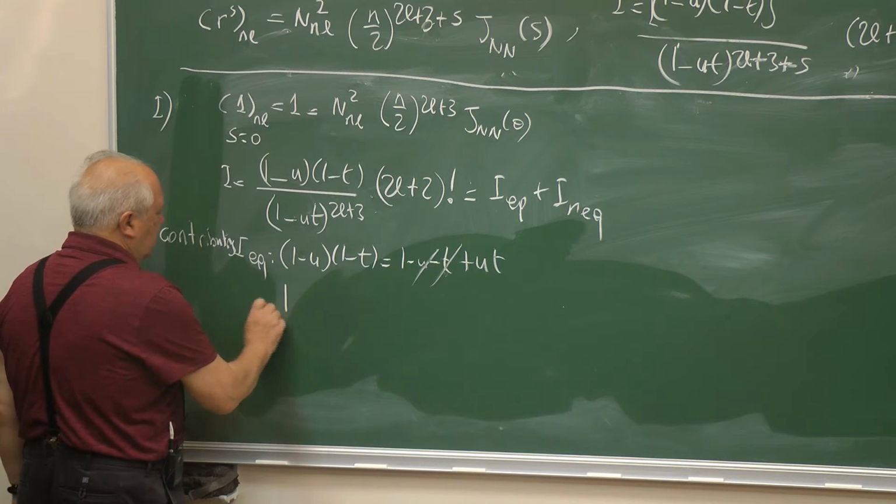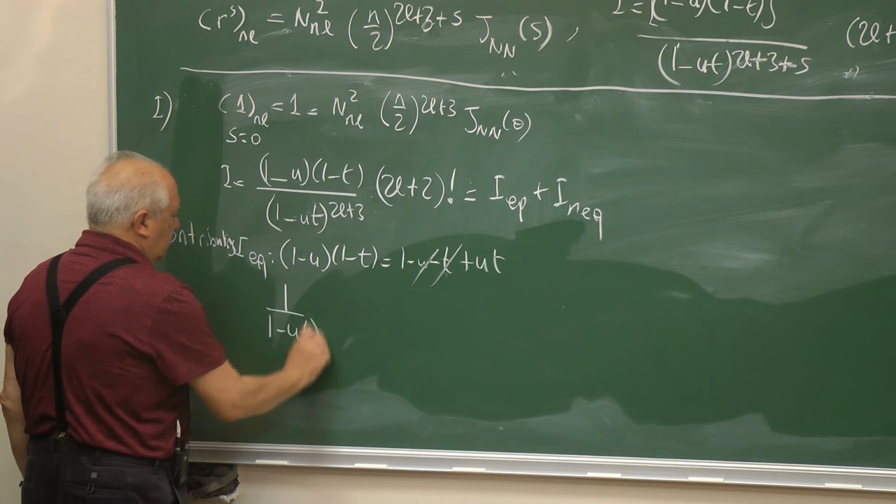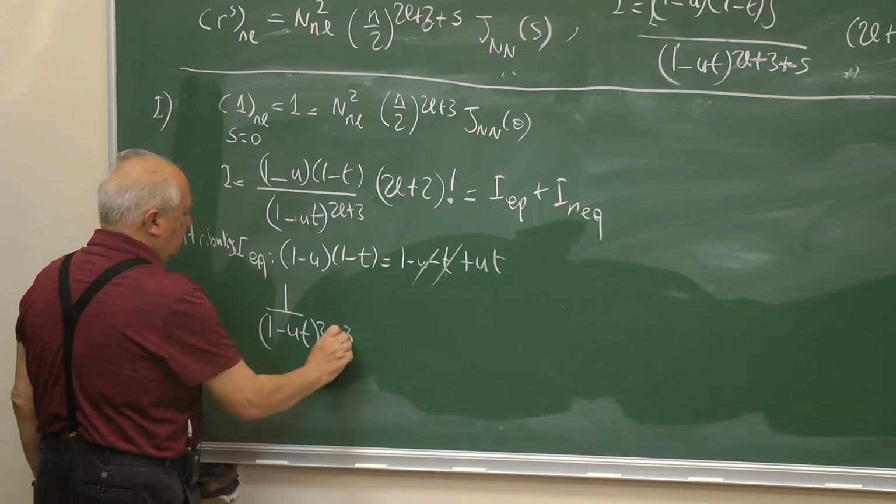So let us expand 1 over (1 minus UT) to the (2L plus 3).